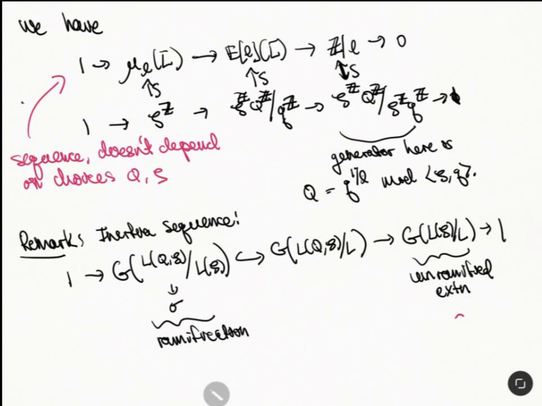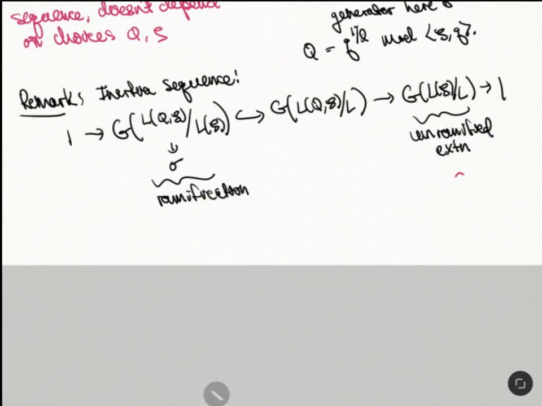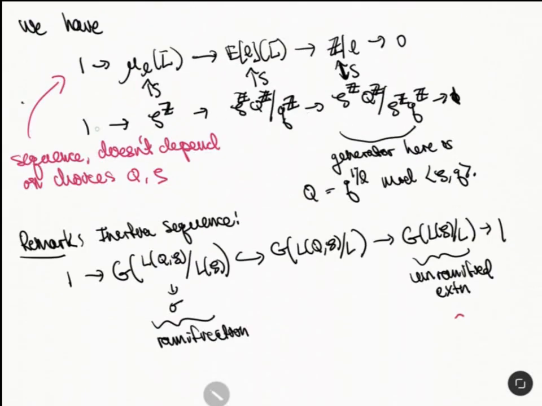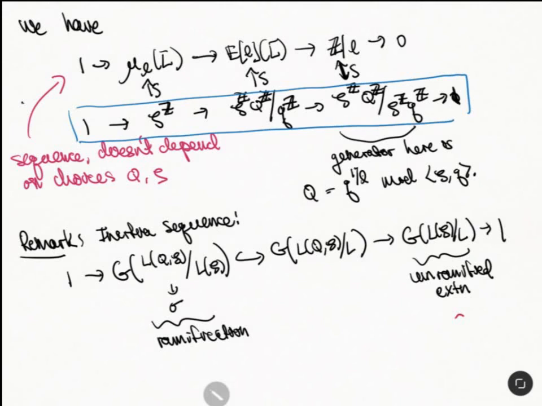Okay, so I just wanted to make another remark: how canonical is this sequence here? So let's look at this sequence. How canonical is this thing, and how can we pick up this generator, right?